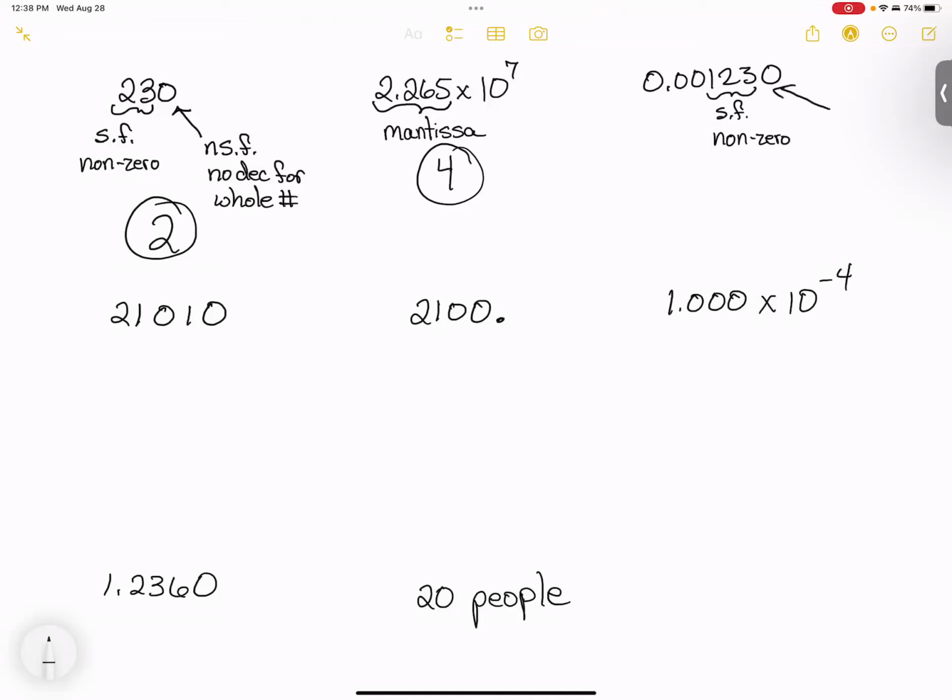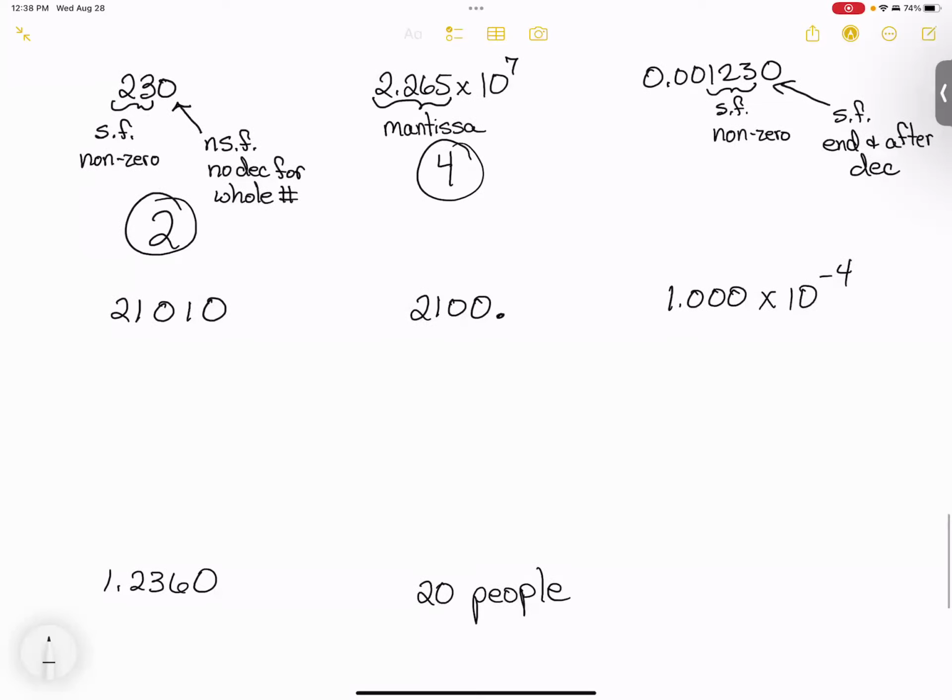The 0 at the end is significant because it is at the end and after a decimal. But the 3 zeros preceding that first one are insignificant, because you don't even start counting until you get to your first non-zero. So there were 4 significant digits in the third one.